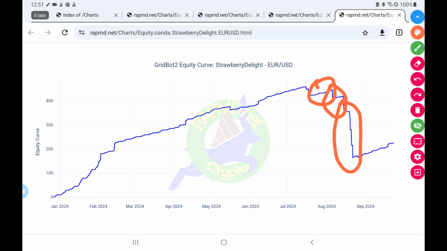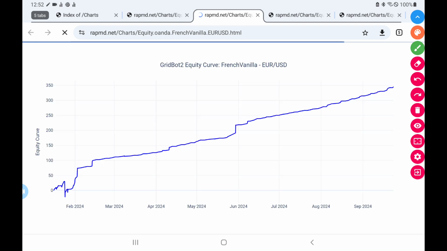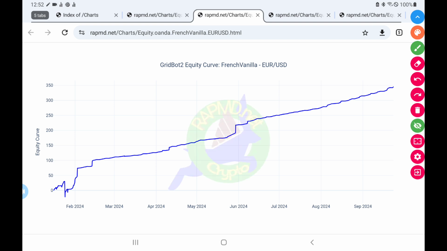But the other thing to pay attention to when you're looking at these accounts, let's take, for example, Strawberry Delight compared to French vanilla. Let's look at the top line. You're looking at a $350 profit.